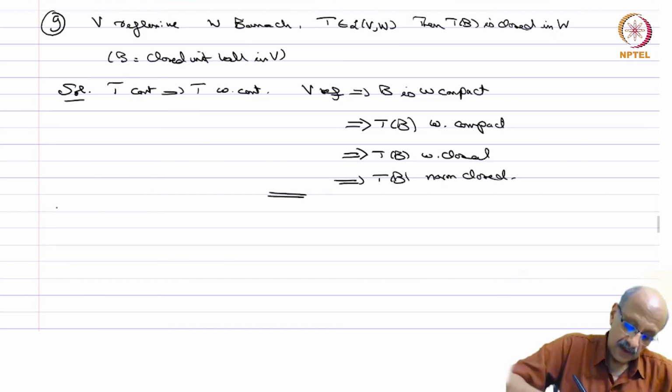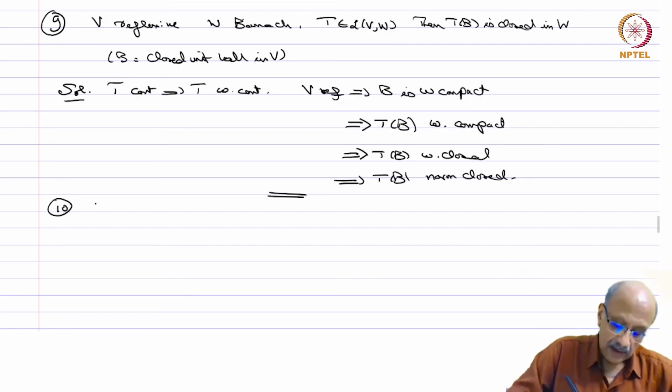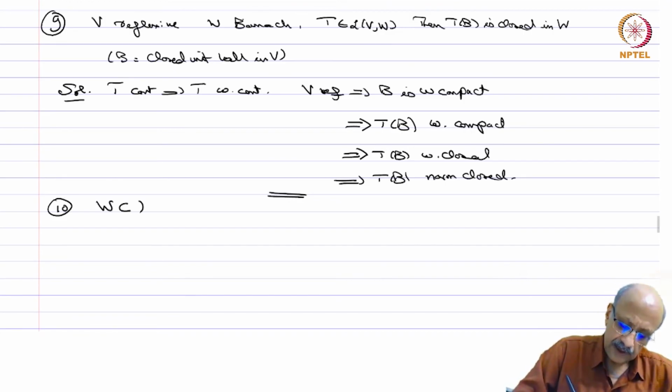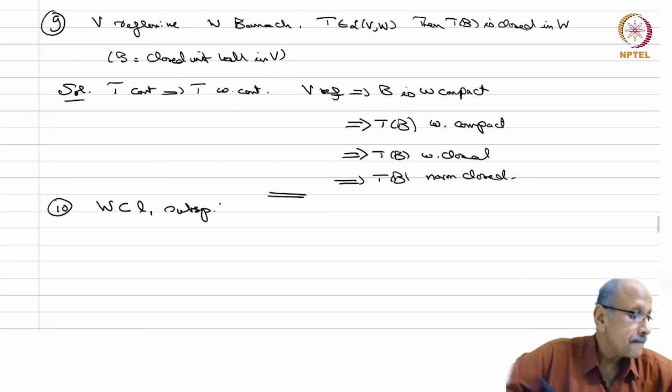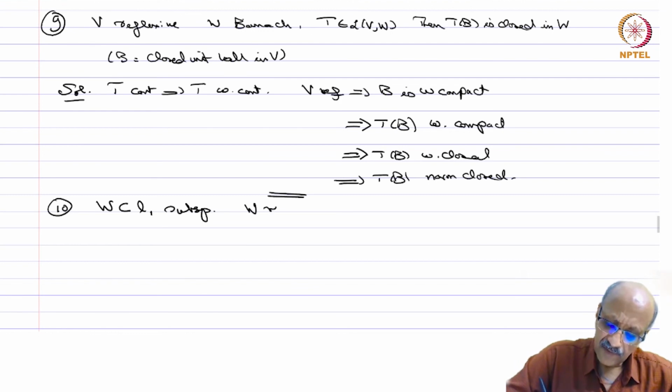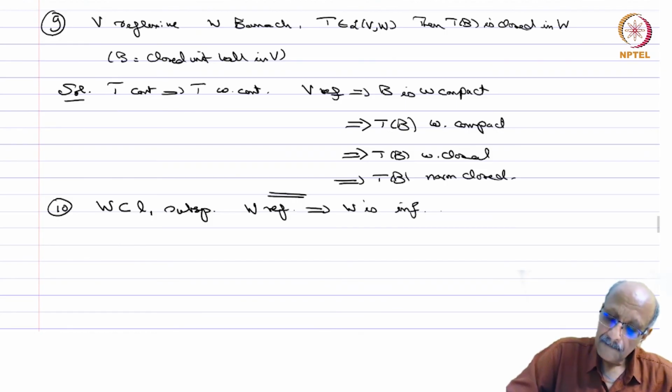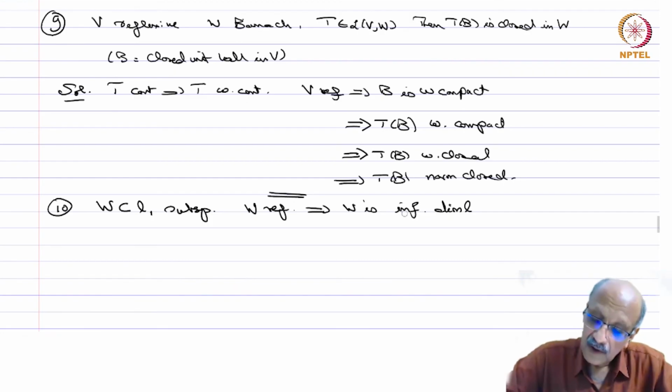So the reflexivity makes all the difference. Then 10. Let W be a subspace contained in little L1. Then W reflexive implies W is finite dimensional.